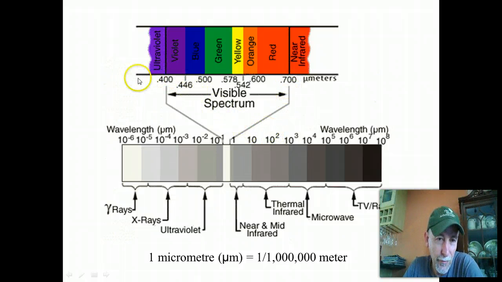Everything of a shorter wavelength than 0.4 we refer to as principally ultraviolet, and then you get into other categories of radiation as you move to shorter and shorter, higher energy wavelengths.